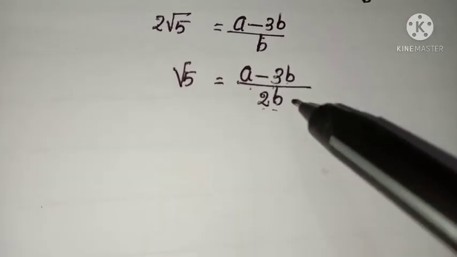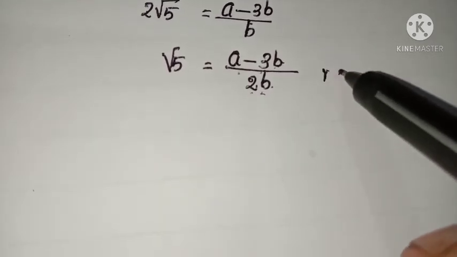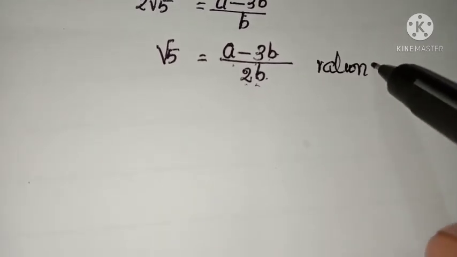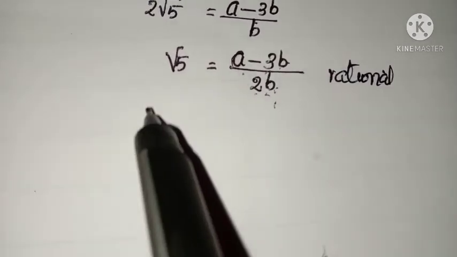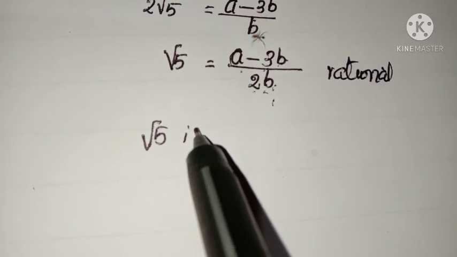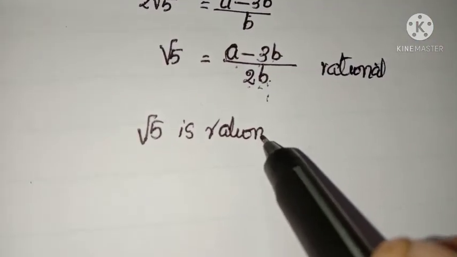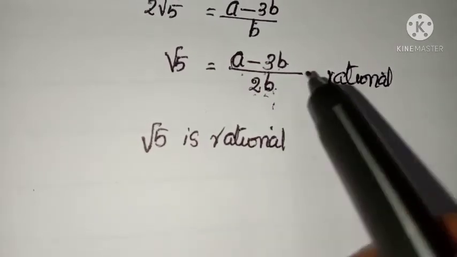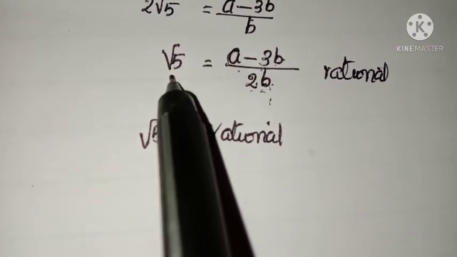Now listen, it is of the form p by q. p by q form means it is a rational number. If this is rational, then root 5 is also rational, because both are equal.